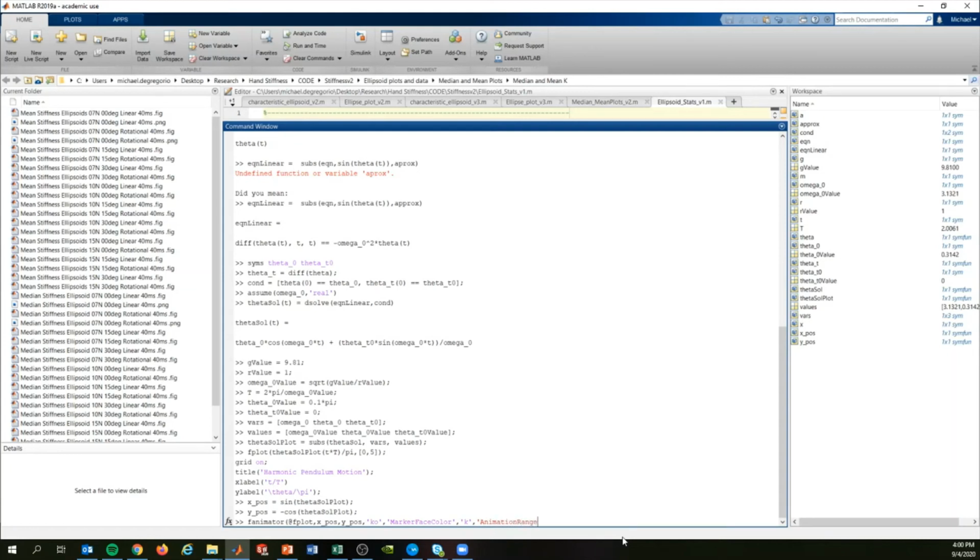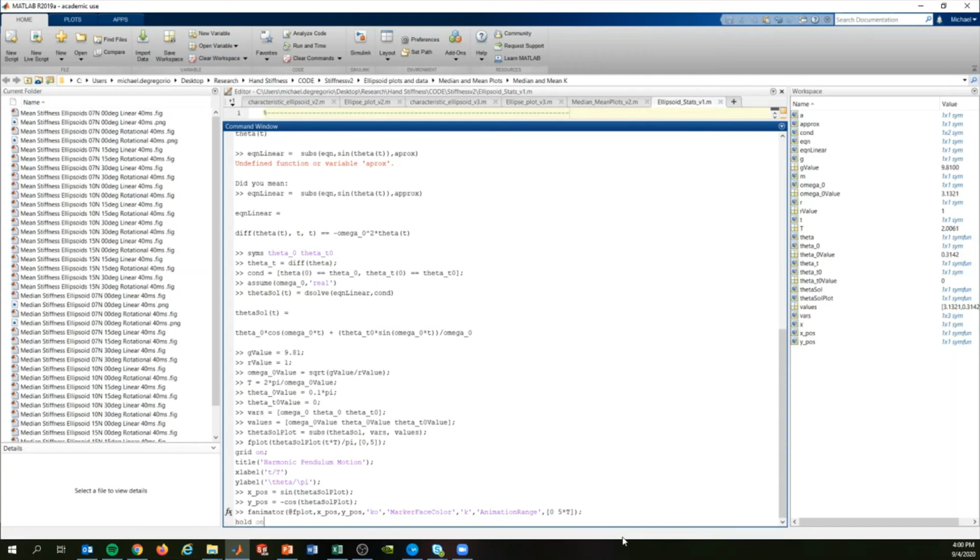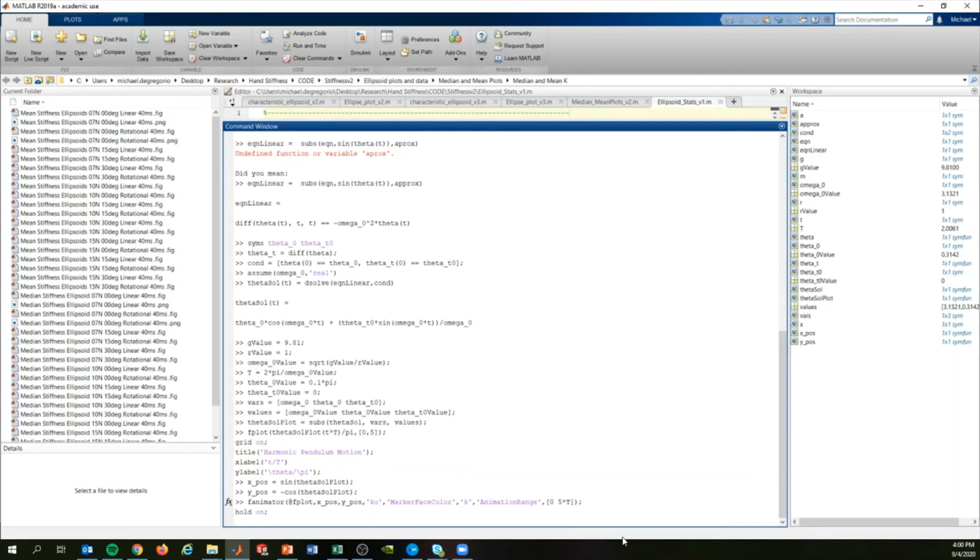Animation range, and that's going to be 0 to 5 times t. Hold on. I'm using shift enter to hold on. What does hold on do? Hold on tells it to hold what it just did, and we're going to do something else.